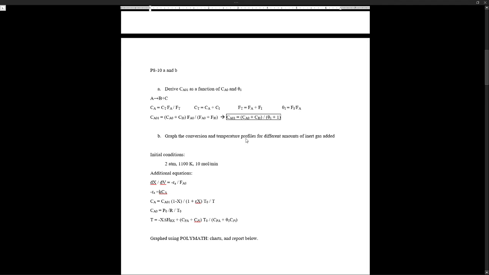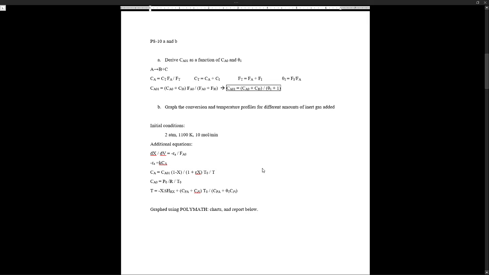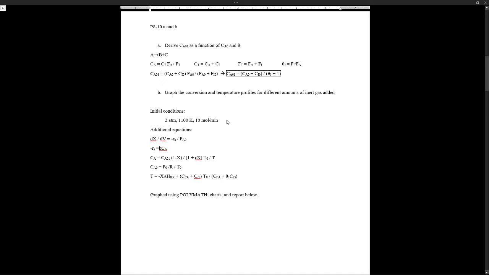For part B, graph the conversion and temperature profiles for different amounts of inert gas added. This can be done using Polymath, and I'll elaborate on that later. I'll show you what you plug into Polymath and what comes out, but for the most part I'll just dive right in. The initial conditions are 2 atmospheres, 1100 Kelvin, and a feed of 10 moles per minute.